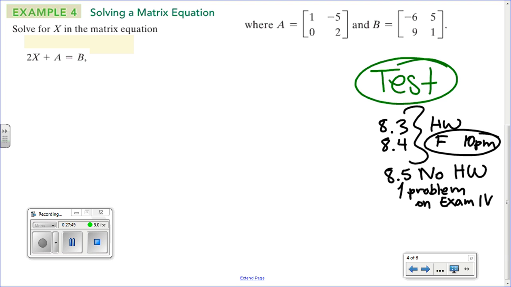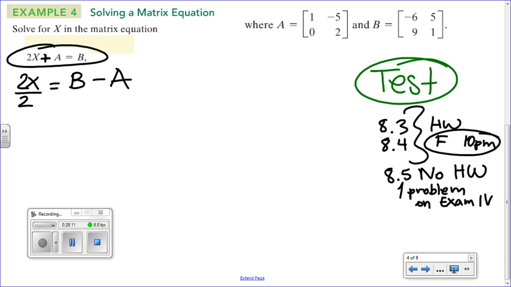All right, going back to this problem. Make sure you look at your notes if you see one like this, which is very likely. Let's think about this as a regular equation. How will we solve it? First, we subtract A from B, so minus A. Then, to get rid of that 2, we divide by 2.